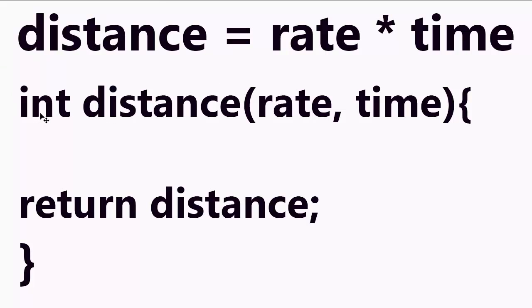So we're gonna name it int distance, and then here we have these parameters, these parentheses, and in order to get distance, we have to give the function what rate and time are. We have to have values for those, right? So once we give it that function, there's some stuff that's going to go on in here that I didn't bother to write down. But in the end, it's going to return distance. Okay, guys? And that is similar to int main, but different.